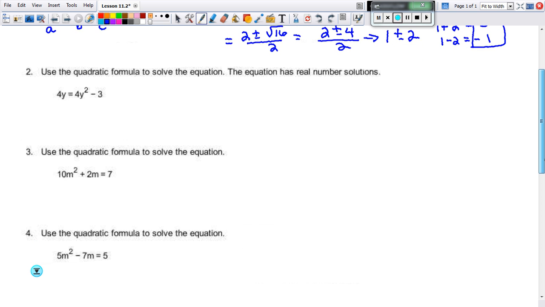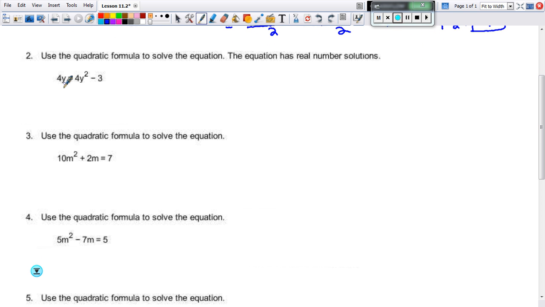Okay, number 2. I have to move the 4y over by making it a negative 4y because, like I said before, everything has to be off to one side. So I get 0 equals 4y squared minus 4y minus 3. Just put everything in order. So you've got your A, your B, and your C. So x equals the opposite of b.